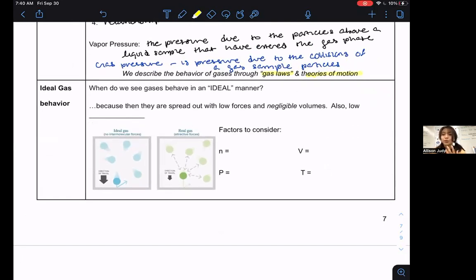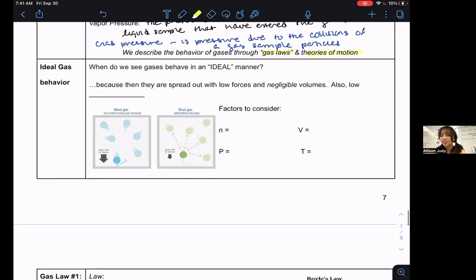A lot of science is: here's the theory, what do we actually see in the experimental lab? There's always a little bit of a difference, right? There's error, there's other factors that we don't account for. But it's very common practice in chemistry and in science in general to present a theory that is substantial and credible and used to predict, and then compare it to what we actually see in the lab, recognizing that we will see points of differentiation.